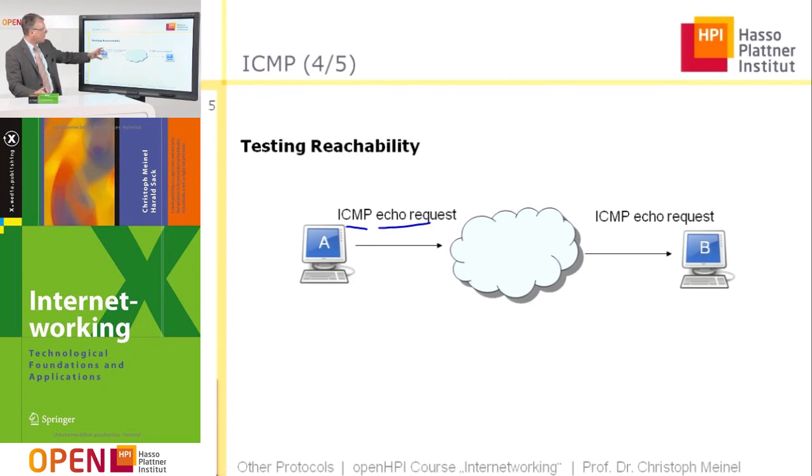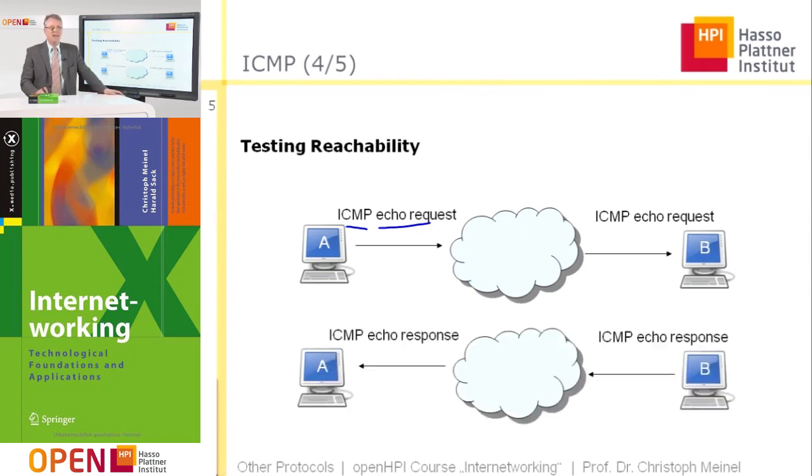It's sent over the Internet inside an IP packet, and this ICMP echo request reaches the desired host B. If host B is connected to the Internet, host B answers with another ICMP message, an ICMP echo response.